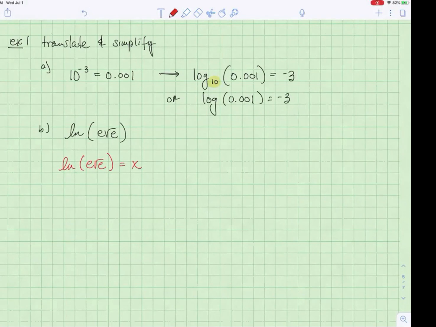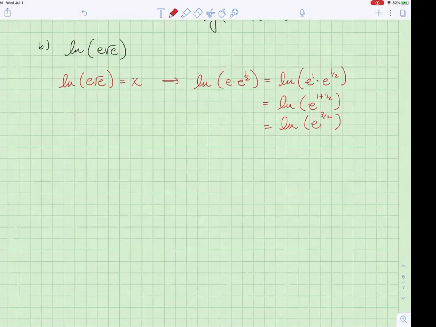We can rewrite this a little bit first. This is the natural log of e times e to the 1/2 power. According to our exponential rules, this is the natural log of e to the first power times e to the 1/2 power, which is the natural log of e to the 1 plus 1/2 power, or the natural log of e to the 3/2 power.